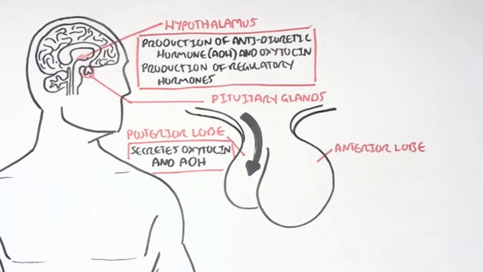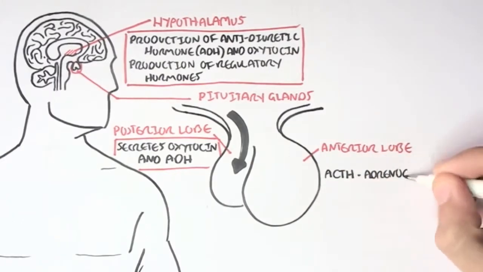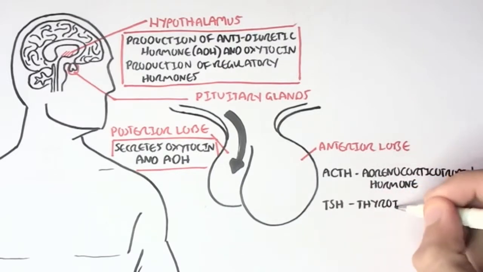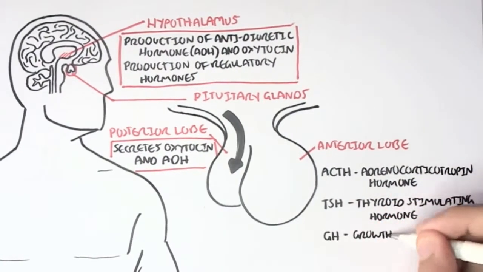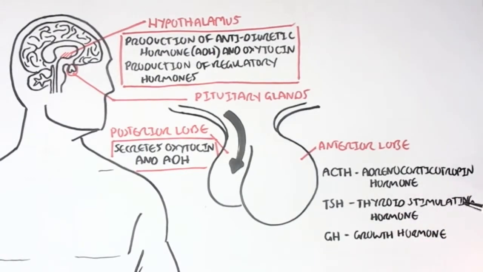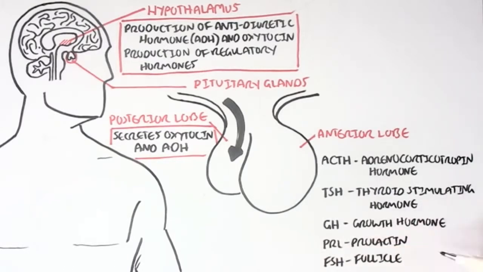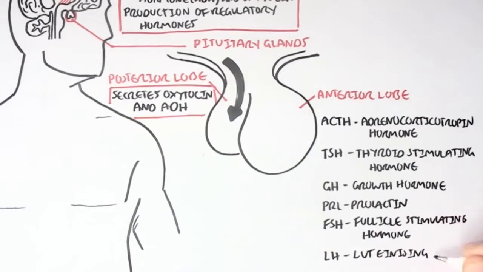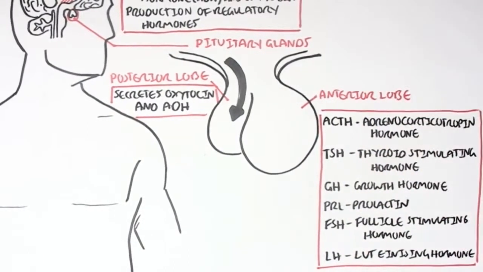The anterior lobe of the pituitary gland actually secretes many hormones, including ACTH, which stands for adrenocorticotropin hormone, TSH, thyroid stimulating hormone, which obviously stimulates the thyroid, GH, growth hormone for growth, PRL, prolactin for milk production in the breast, and then FSH, which is follicle stimulating hormone, and LH, luteinizing hormone, which are responsible for the reproductive system.